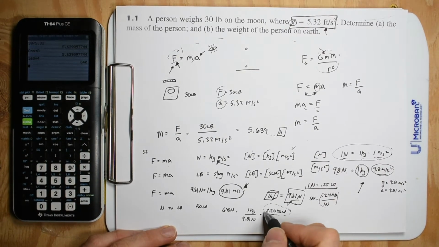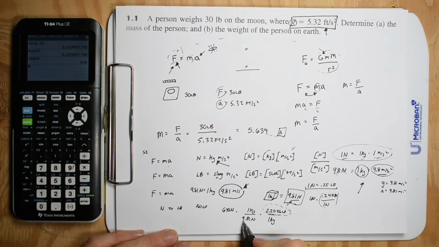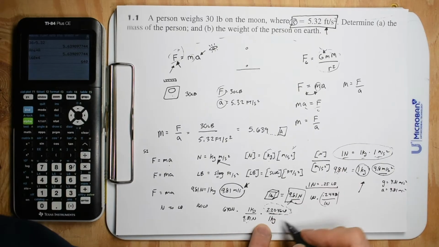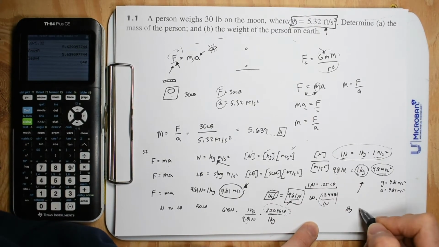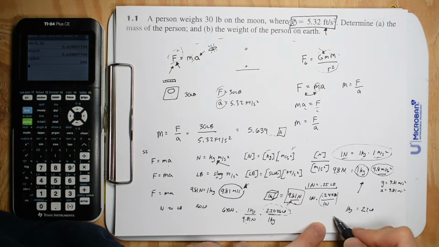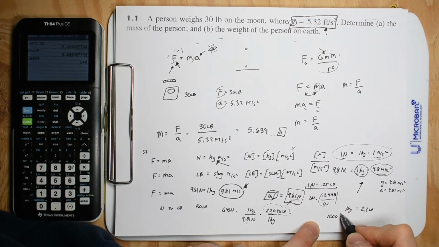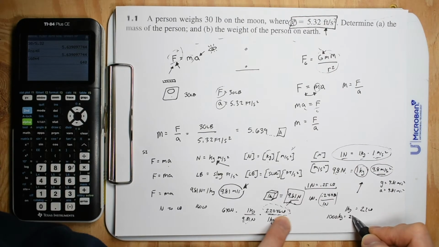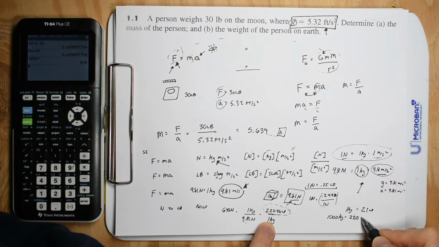I think this is the only number you should need to memorize. Everyone knows this is 9.81. And one kilogram is 2.2 pounds, which is really close. But if you want to get more accurate, 1,000 kilograms is a metric ton, and that's going to be about 2,200, but it's really 2,204.6 pounds.